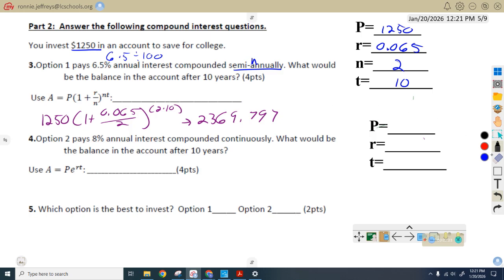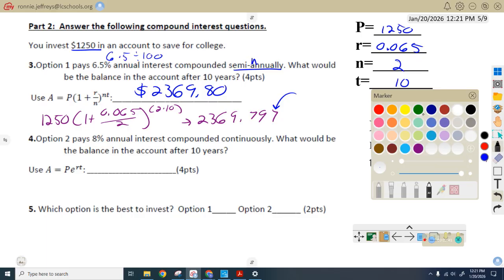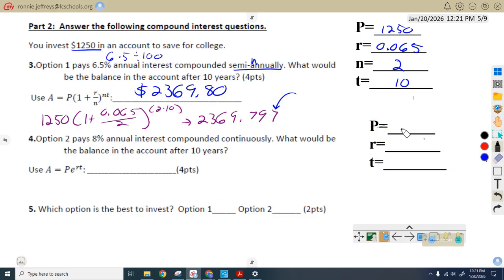Alright, because this is money and we're going to round to the nearest cent, we look at this one. Okay? So it's very difficult to see which problem we're on. Oh, I got the wrong paper, I think. Alright, our principal is still this.